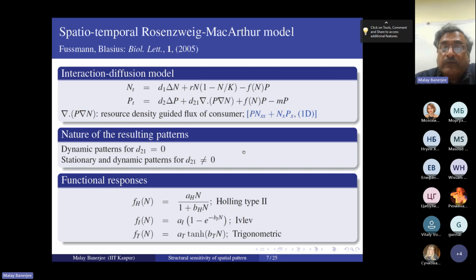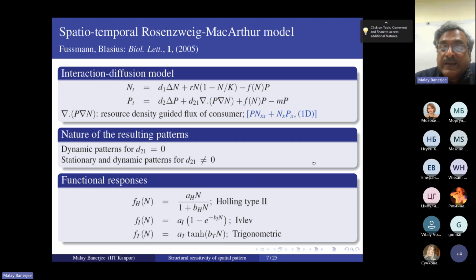Instead of that, what we have done in our work is we have estimated AI, BI as well as AT and BT corresponding to a fixed value of AH and BH, such that these three functional forms remain close to each other over a certain range of values of n.